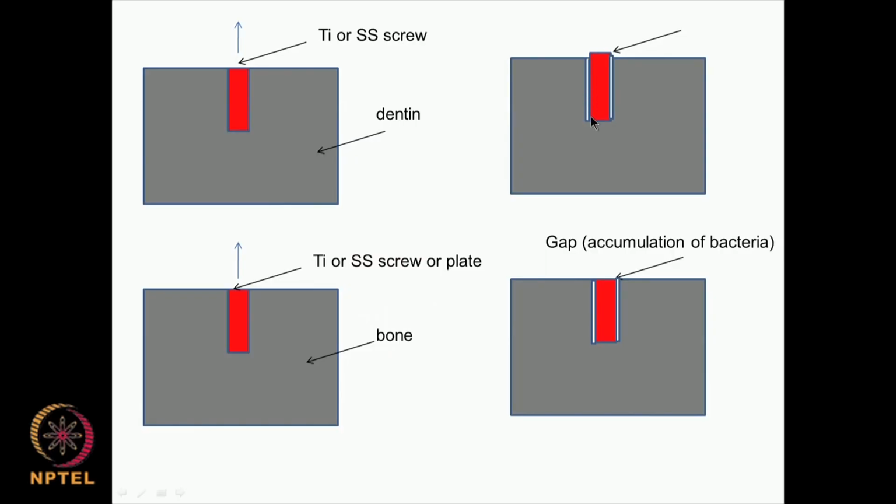In the tooth region, when you have metals and the metals undergo tension, there could be a small gap created over a period of time, which could be a source for accumulation of bacteria. The same thing can happen in the bone region also. So these are some issues that can happen in realistic situations.